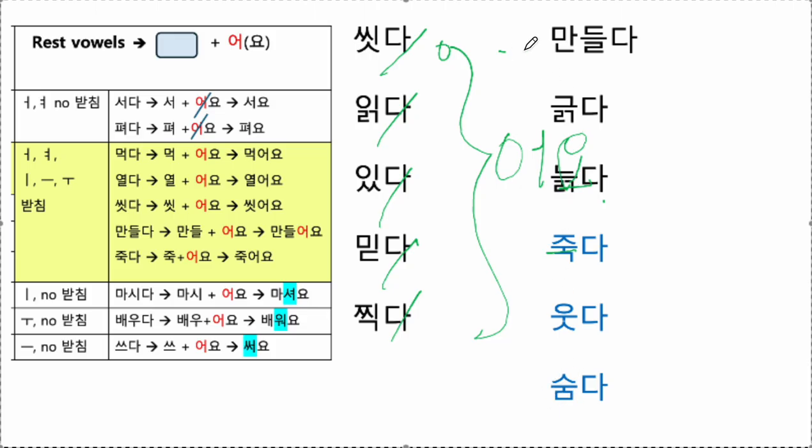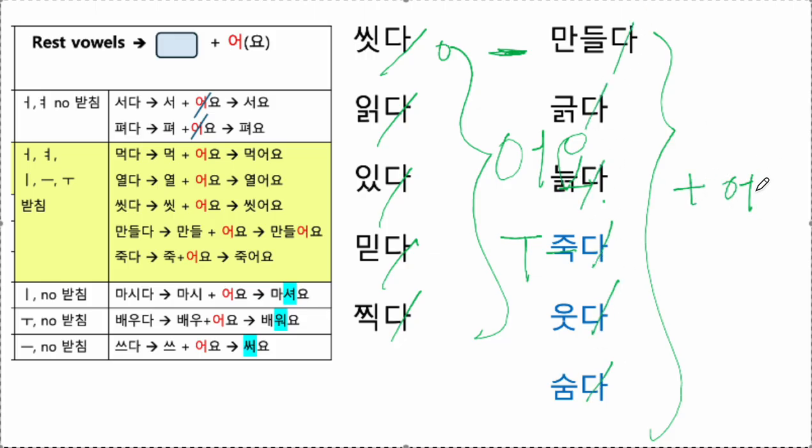The vowel is 우 here. Same thing. You drop the 다, and then you add 어요. 만들어요, 긁어요, 늙어요, 죽어요, 웃어요, 숨어요.